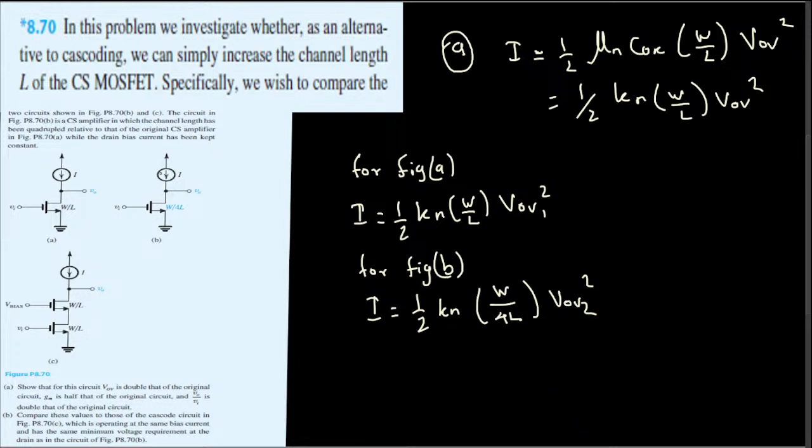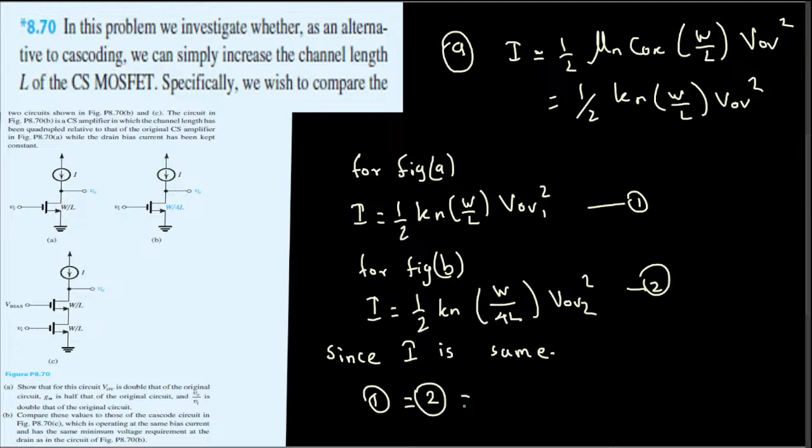Both of them have the same current I, so equation number 1 is equal to equation number 2: half Kn W over L V overdrive 1 squared is equal to half Kn W over 4L V overdrive 2 squared.